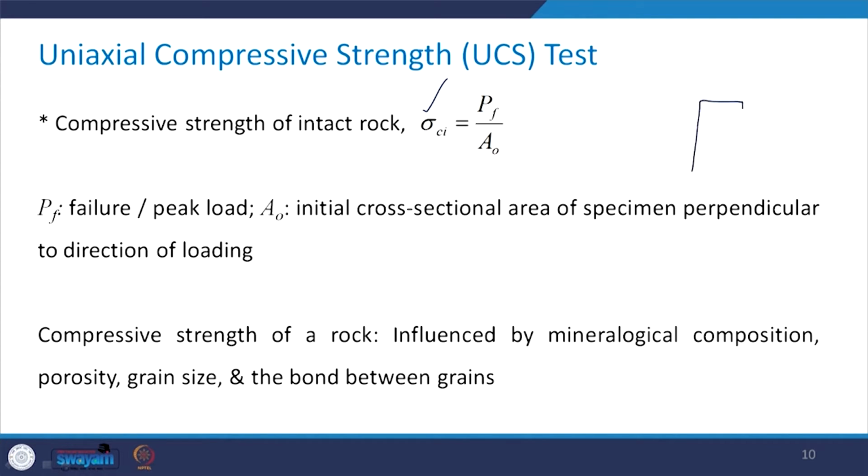So, if this is your specimen with this dimension as L and this dimension as D, then the loading is applied in this particular manner. The area of cross section, which is perpendicular to the loading direction, in this direction, is going to be A naught, perpendicular to the direction of load.